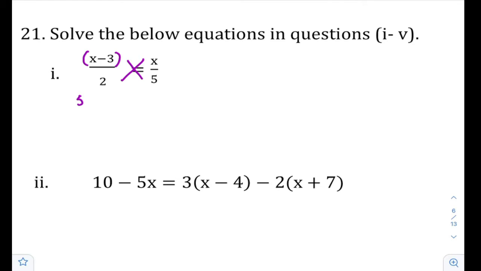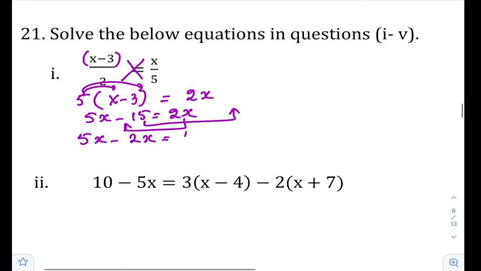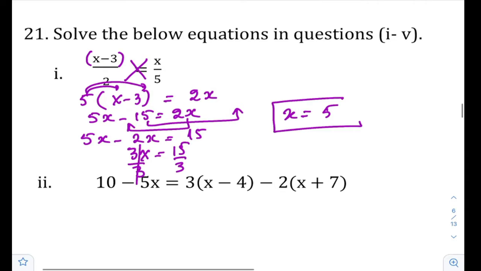So it is 5 times x minus 3 is equal to 2 times x. حاصل ضرب الطرفين هو نفس حاصل ضرب الوسطين, and then it's a normal equation. So x is equal to 5.